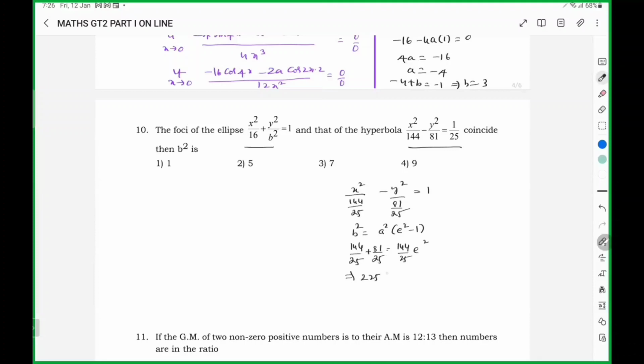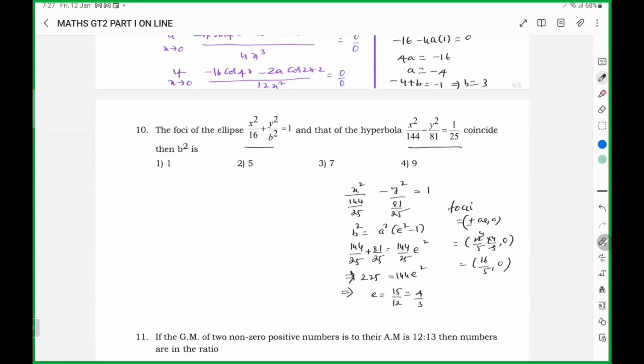So 225 here, e here is 15 by 12. So that is 4 by 3. Foci will be 12 by 5 into 4 by 3 comma 0. So 16 by 5 comma 0.